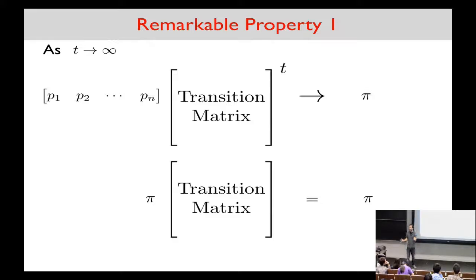Just ignore what I said. But if you know, you might find it interesting. Now this pi is called the limiting distribution, but we also call it the stationary or invariant distribution. It's stationary because when you apply the transition matrix to it, you don't change it. It's invariant. And this pi is unique.